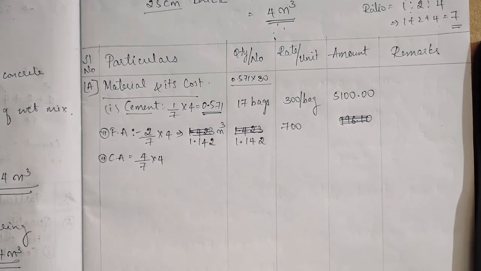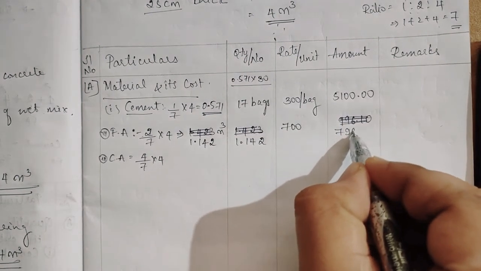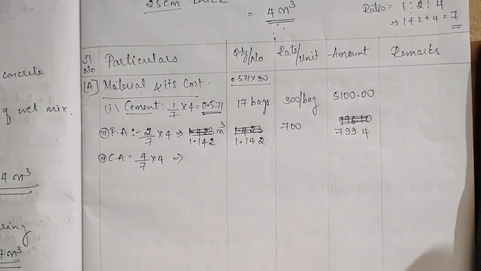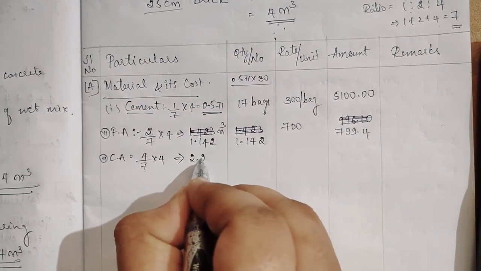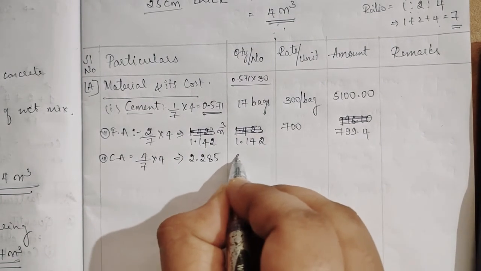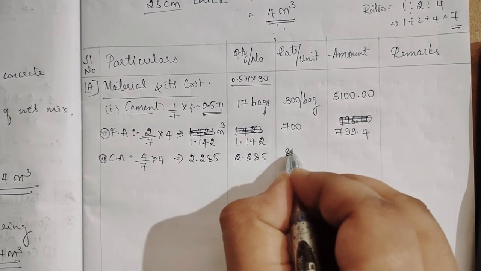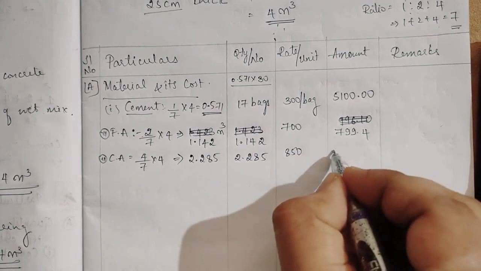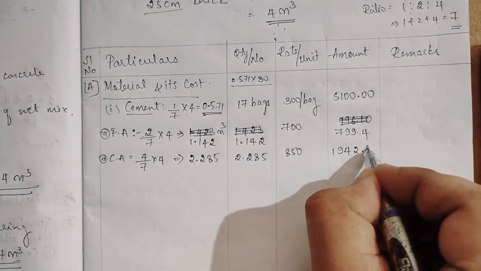So 1.142 into 700 is 799.4. Now 4 into 4, that is 16 divided by 7, is 2.285. What is the cost? 850, so we will get 1942.85.